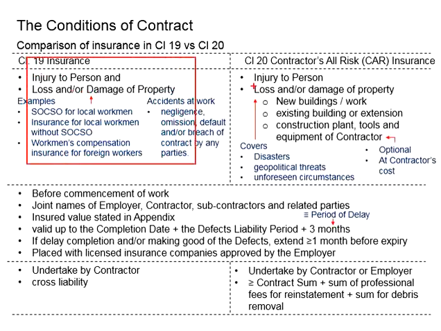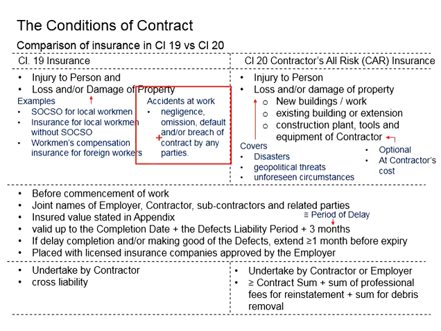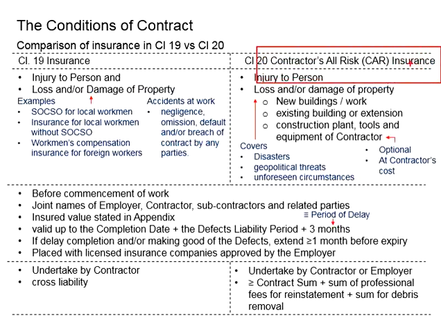If you compare the two types of insurance here, it seems that this is more people-oriented, usually related to any accidents happening during the work, while the contractor's all risk insurance pays more emphasis on the buildings or the work as specified in the contract.